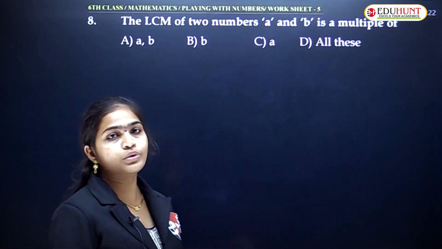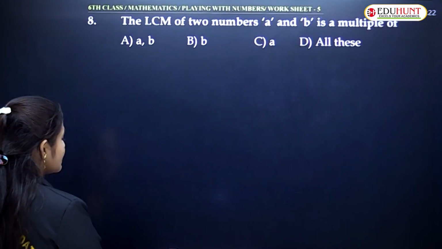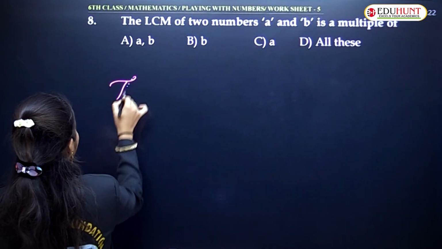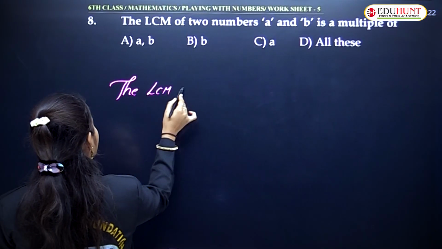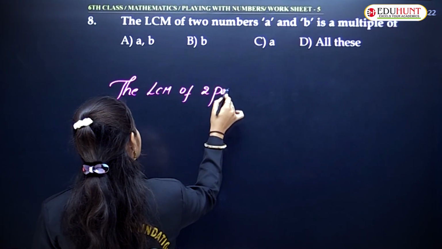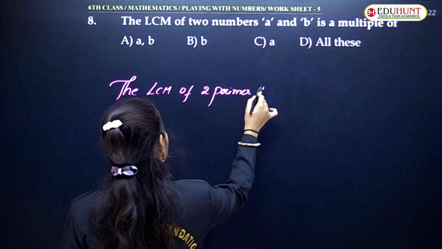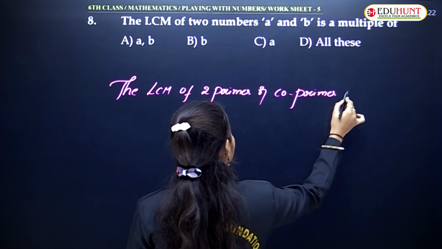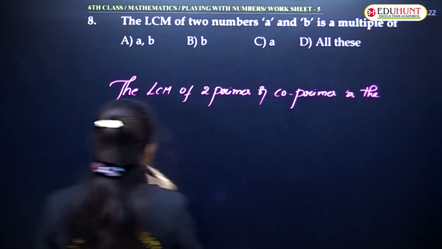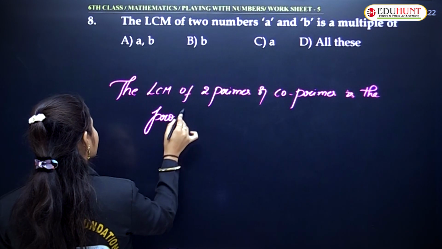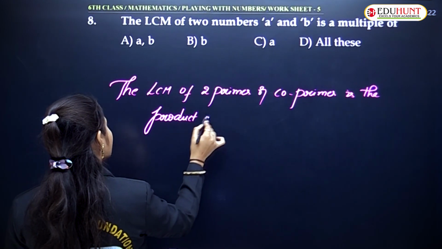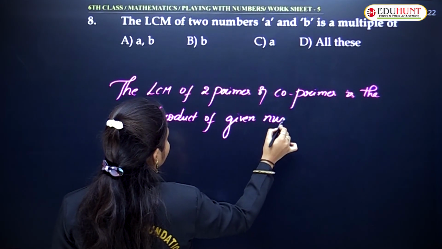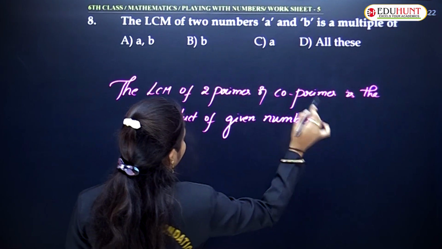The LCM of two numbers. The LCM of two primes or co-primes is the product of the given numbers.